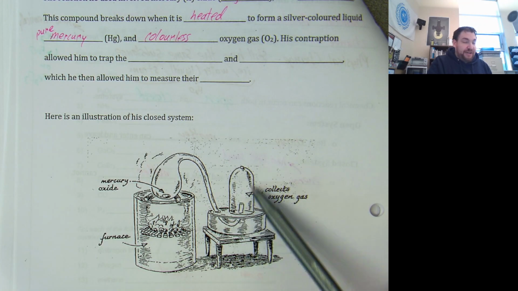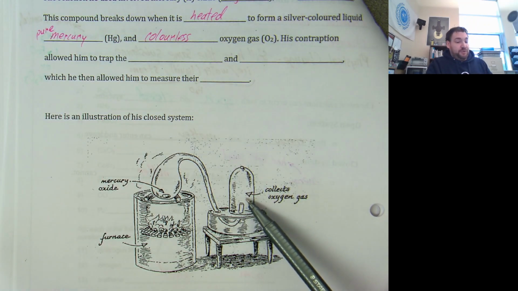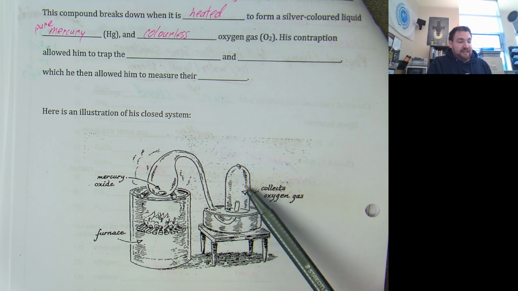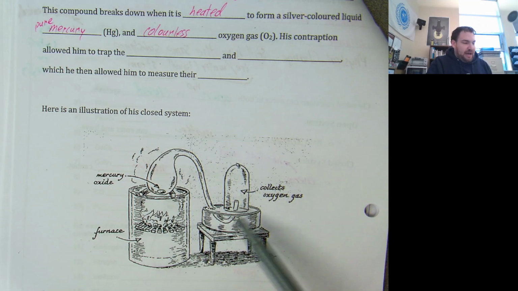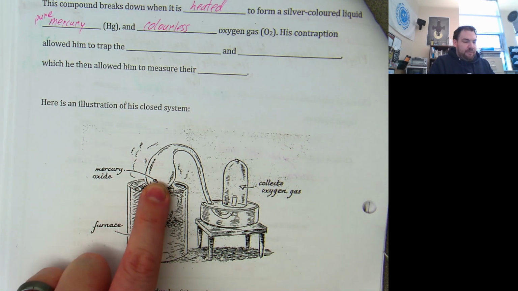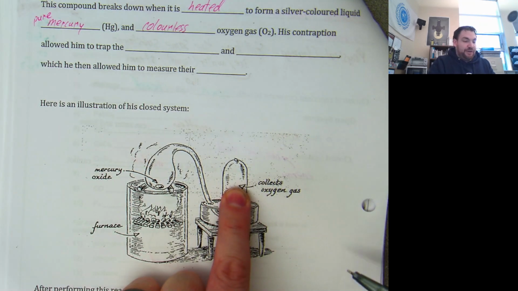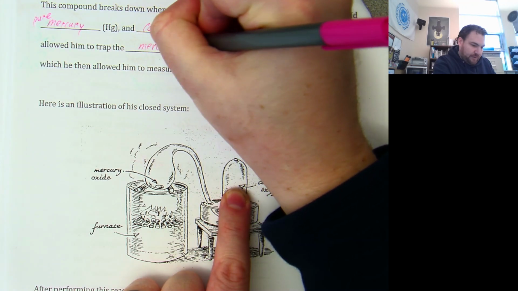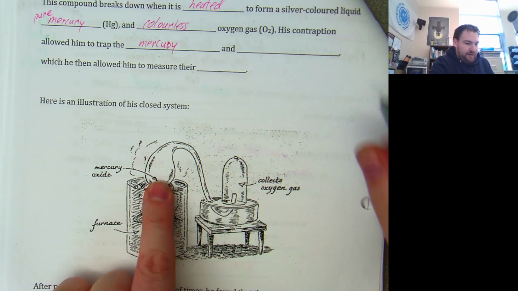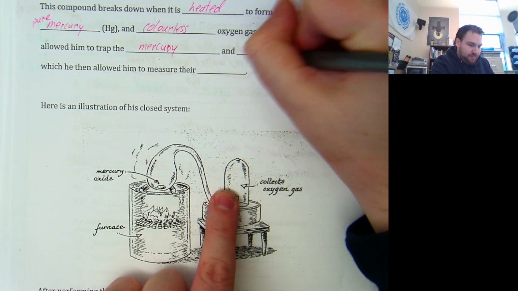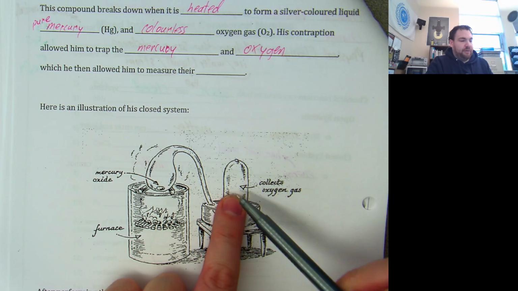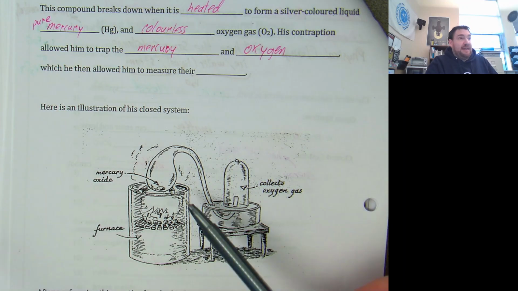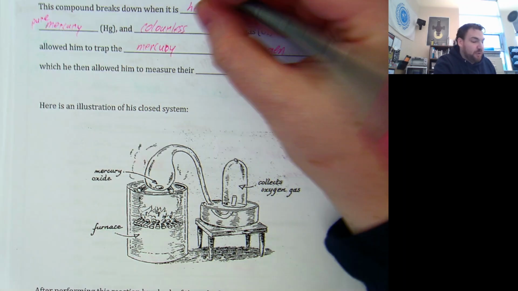And this bell over here, he likely tried to pump as much of the atmosphere out of that thing as he could, so that there was nothing left in here. This contraption allowed him to trap the mercury over here and the oxygen gas over here. Because he was able to collect them separately, he was then able to measure their individual masses.